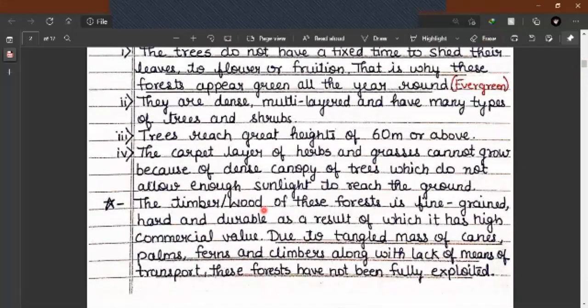The timber or wood of these forests is fine-grained, hard, and durable, as a result of which it has high commercial value. Due to tangled mass of canes, palms, ferns, and climbers, along with lack of means of transport, these forests have not been fully exploited.